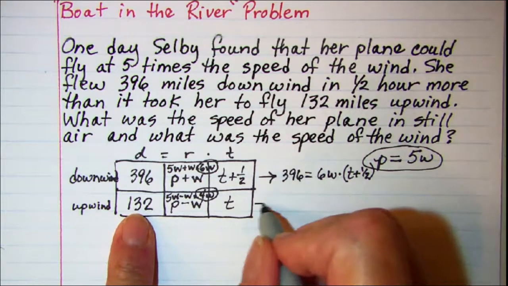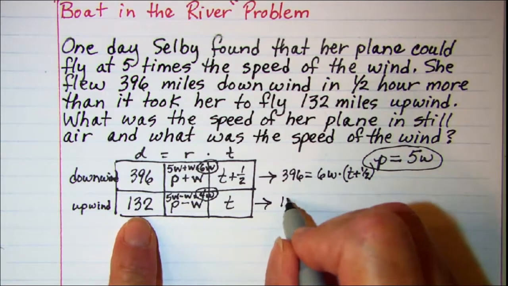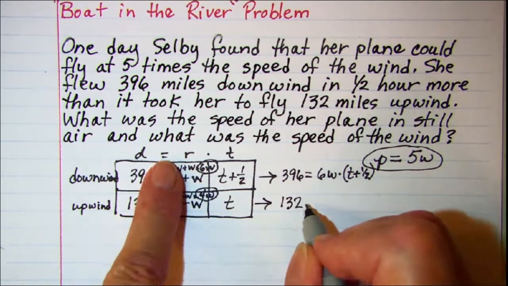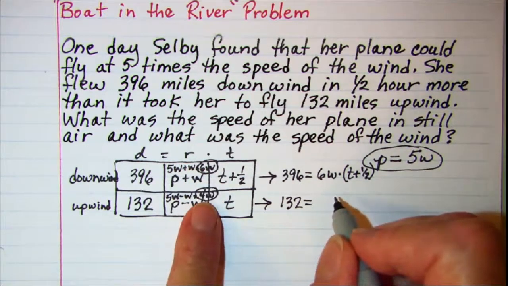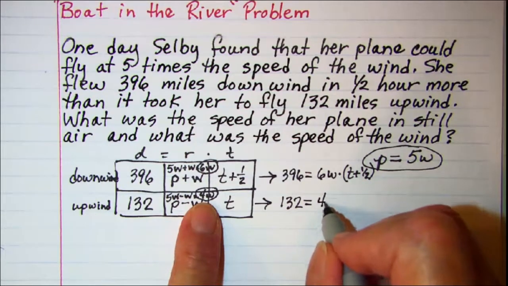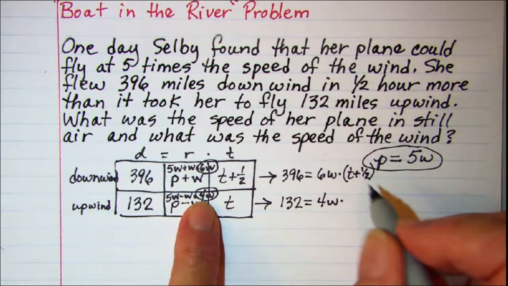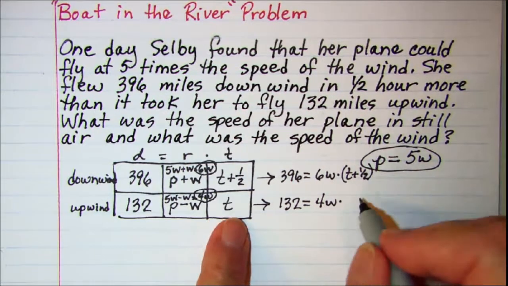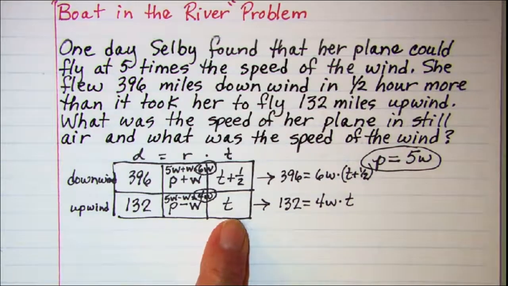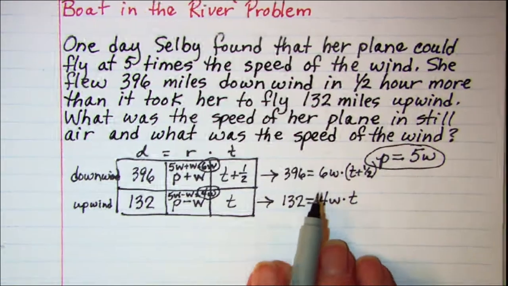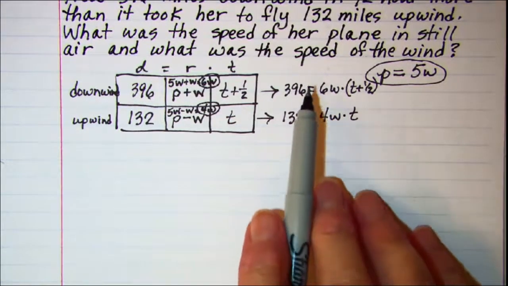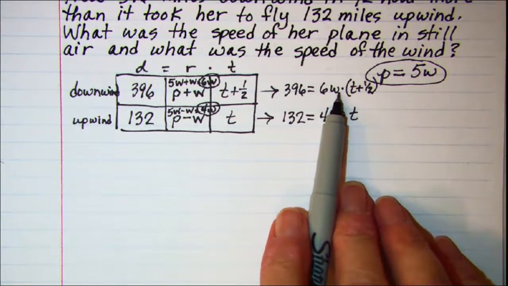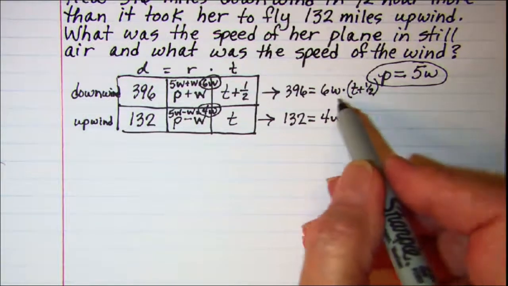My next row gives me 132 equals, and then this cell I'm going to use the 4W times my t. All right, these are my two equations. I'm going to solve those simultaneously. I have two variables.